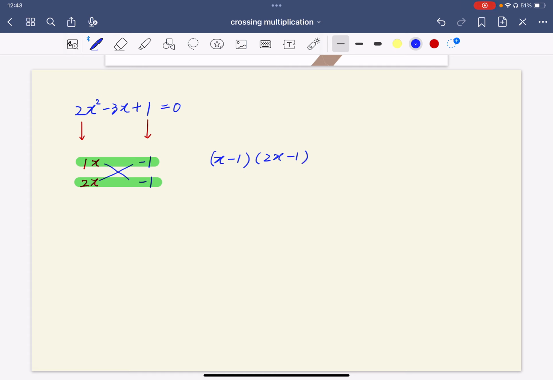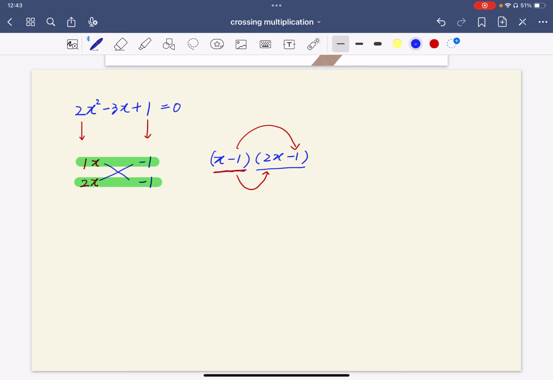Let's have a try to prove whether this factored form equals the left side of the original equation. According to the distributive property, you can regard these brackets as a whole first, then distribute 2x, then distribute it to the 1.